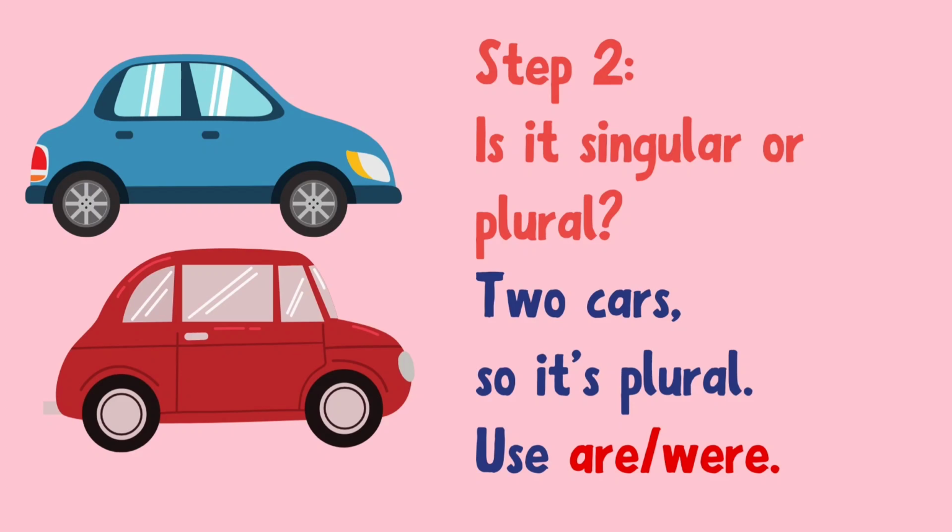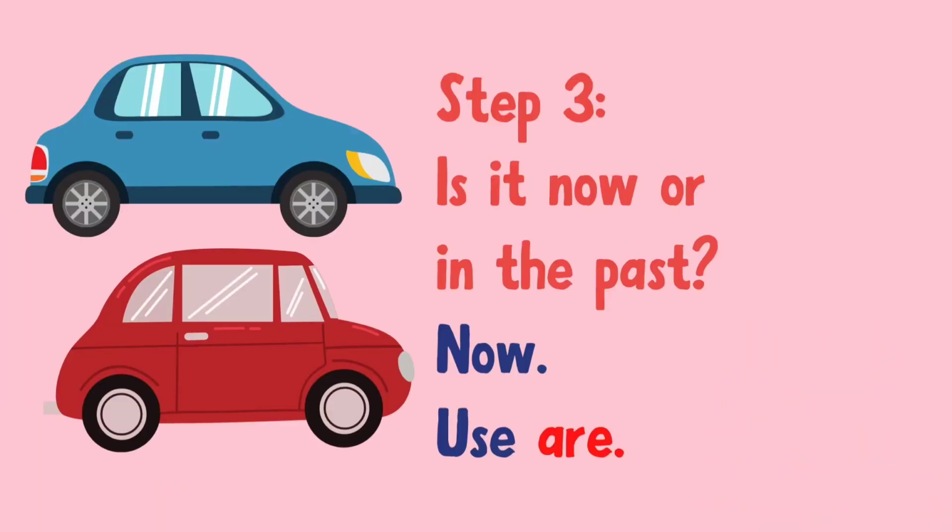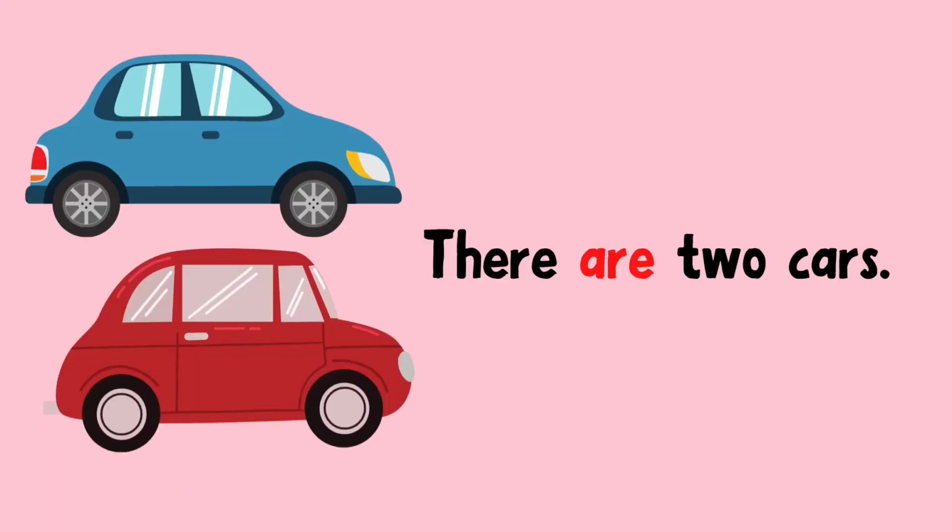So we use are or were. Step 3. Is it now or in the past? You want it to be now, so you use are. So the sentence that you get is, there are two cars.